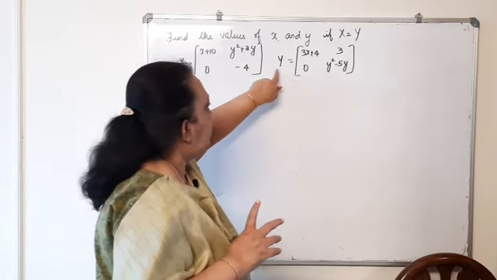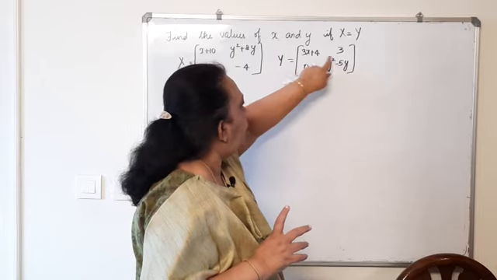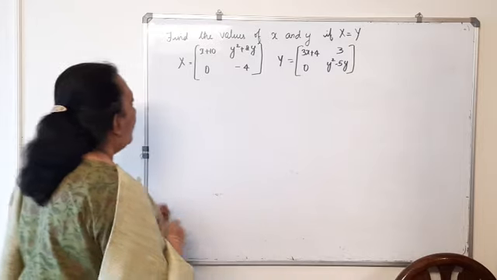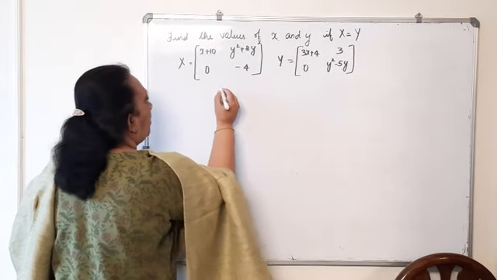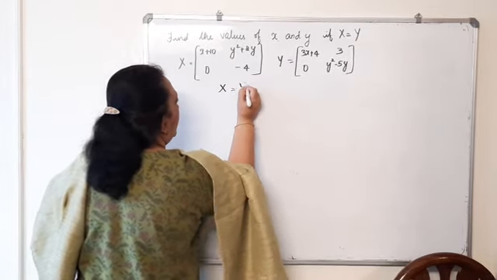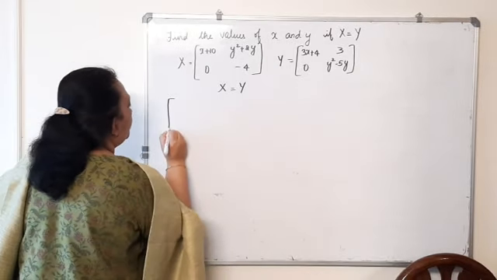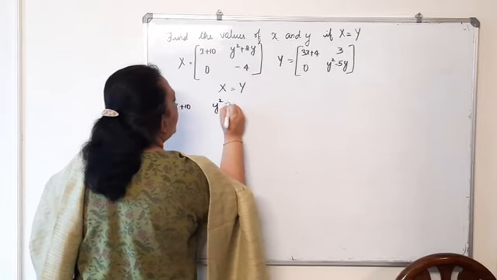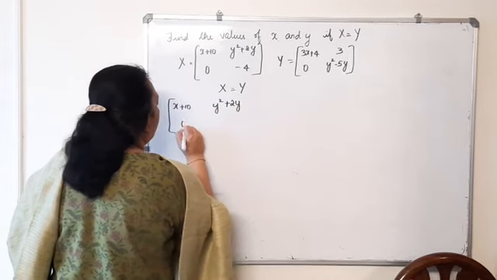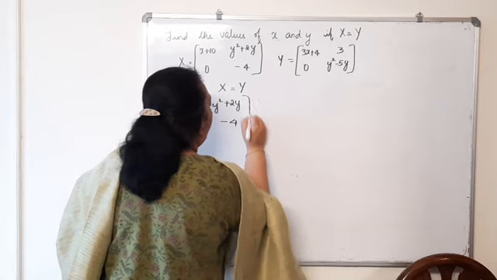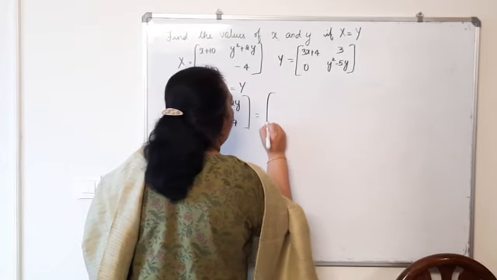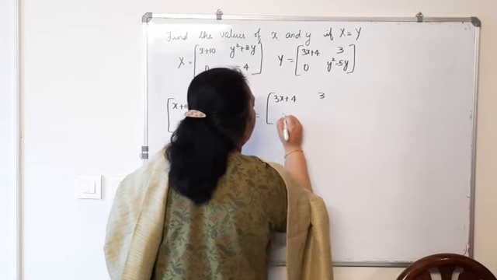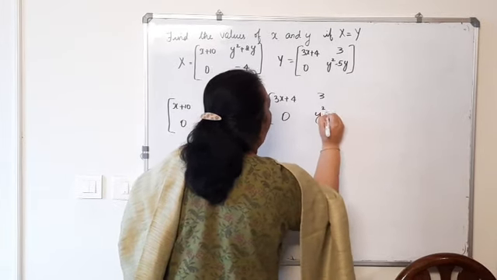Y is the matrix [3x plus 4, 3; 0, y squared minus 5y]. And it is given X is equal to Y, which means the two matrices are equal.